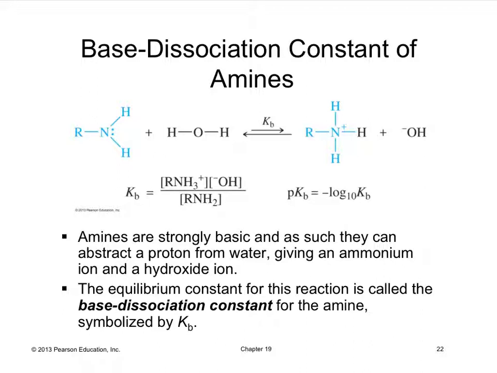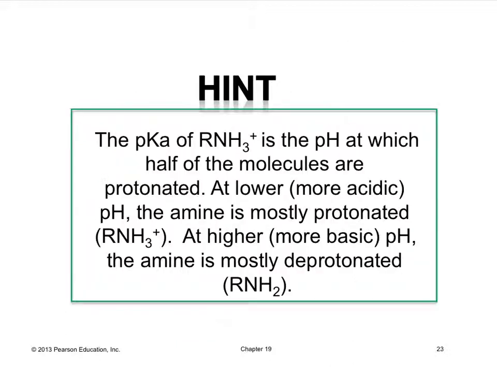Base dissociation constants. We've talked about this as a pKb. Ammonia has a pKb of about 4.7, so it's strongly basic, and as such can abstract protons from water, giving ammonium ion and hydroxide ion, as shown here. And the equilibrium constant for this reaction is the base dissociation constant for the amine, symbolized by this Kb.